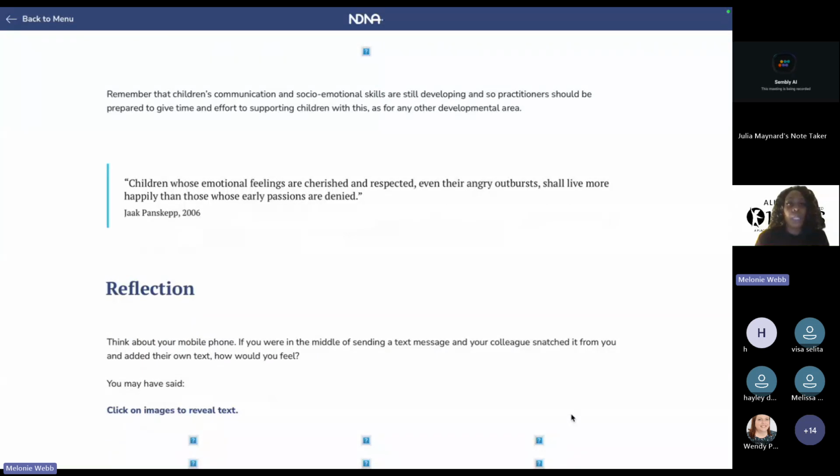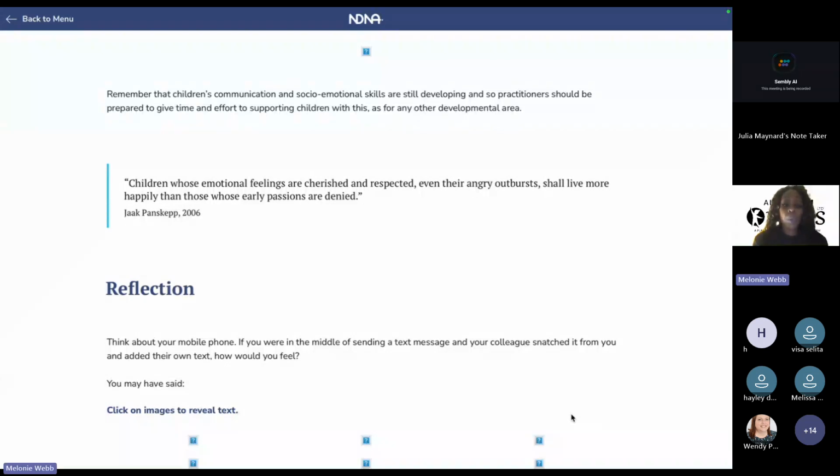Remembering that children's communication and social emotional skills are still developing, and so practitioners should be prepared to give time and effort to supporting children with this, as for any other developmental area. Children whose emotional feelings are cherished and respected, even their angry outbursts, shall live more happily than those whose early passions are denied.